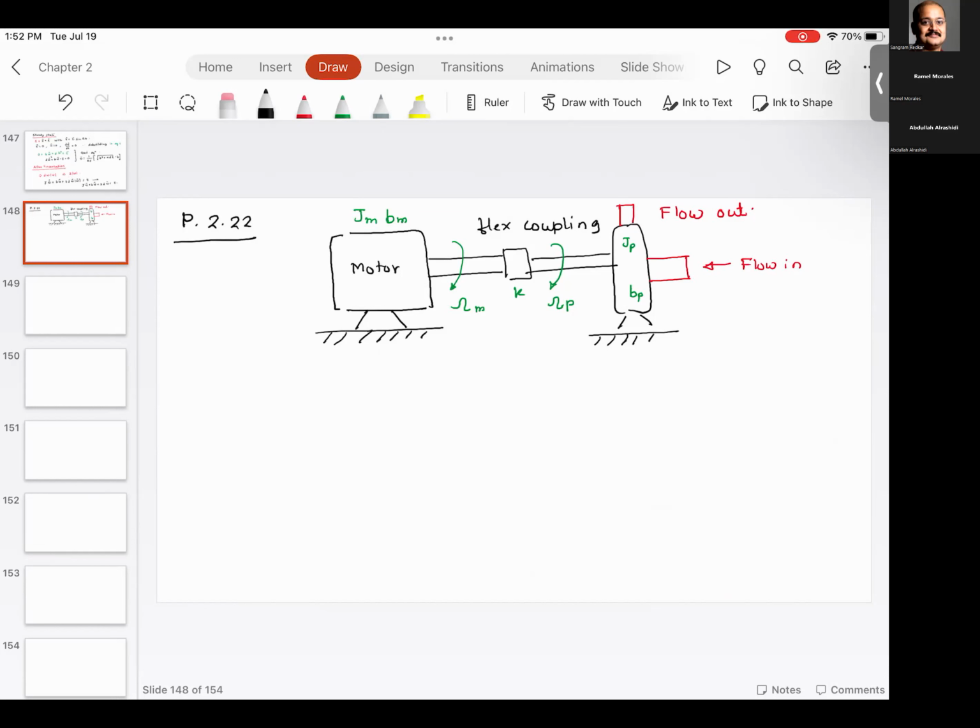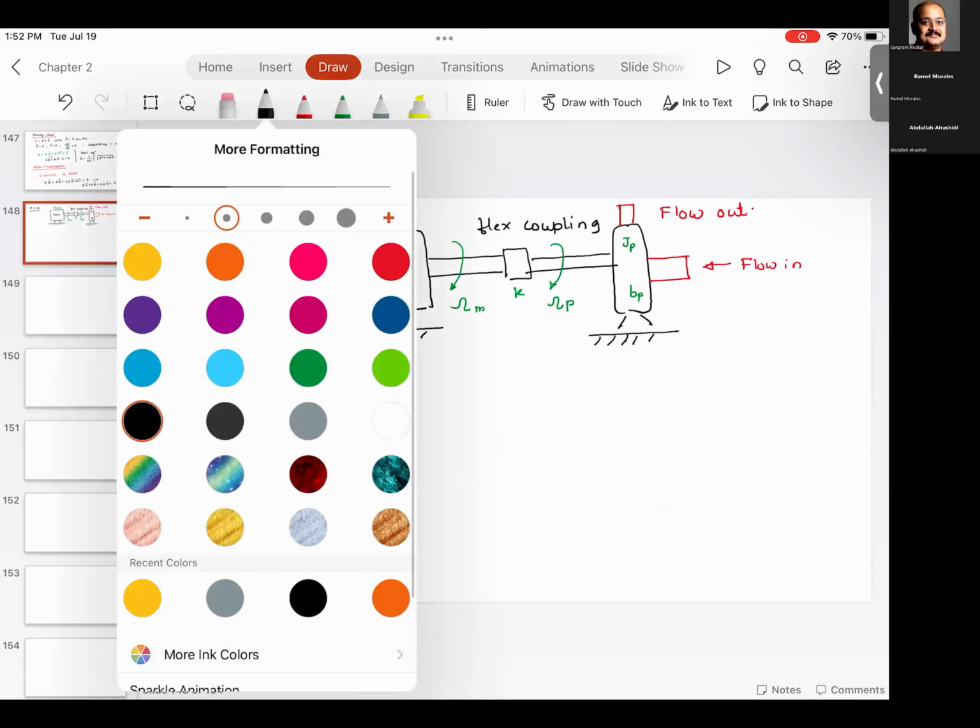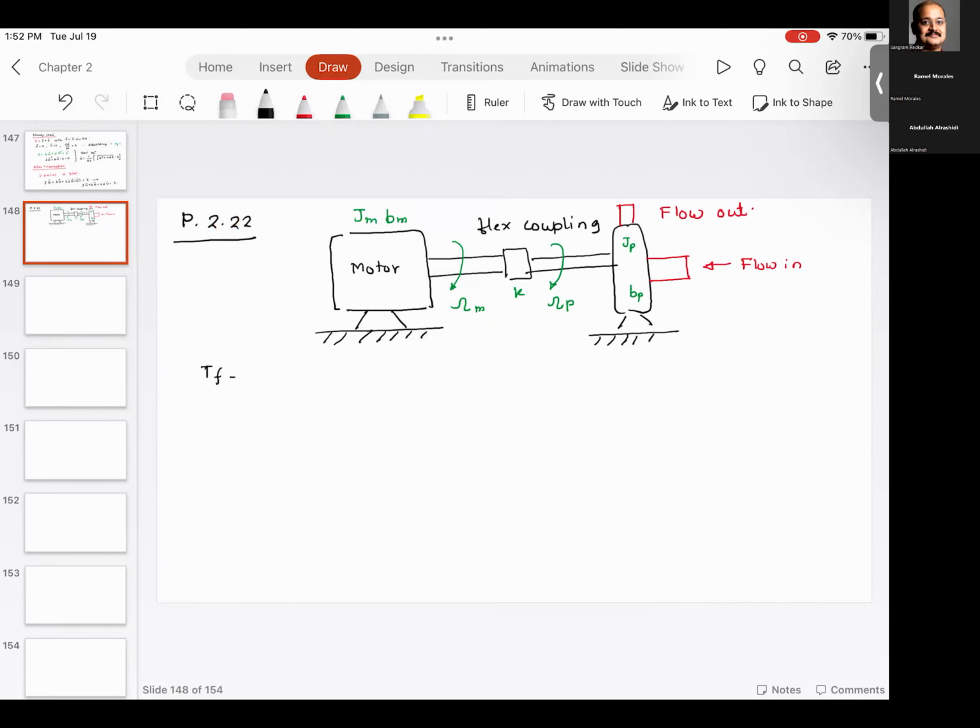So Tf is the torque transmitted through the flex coupling.